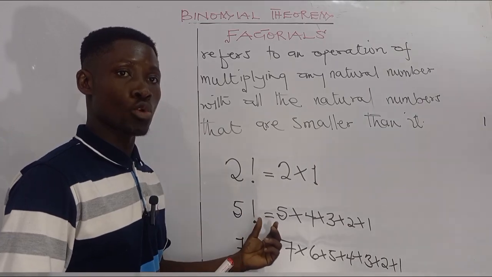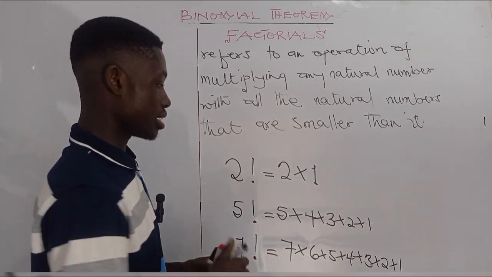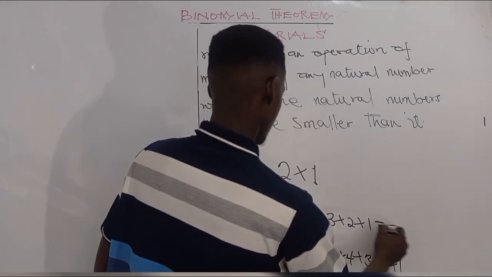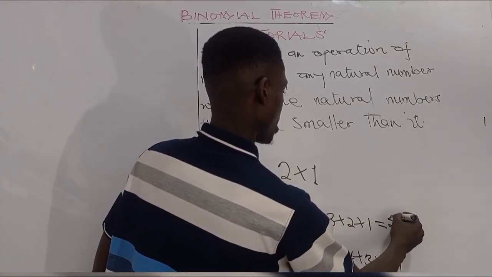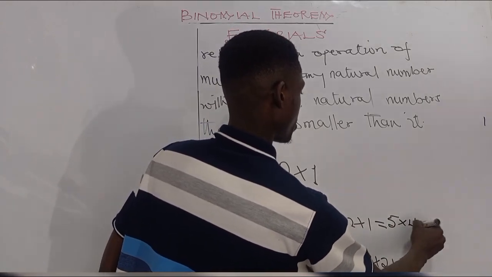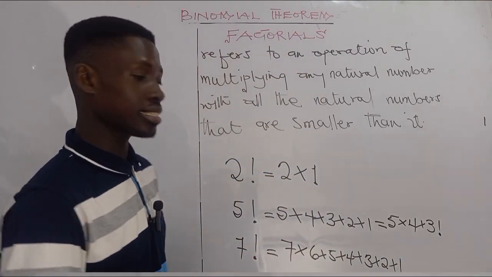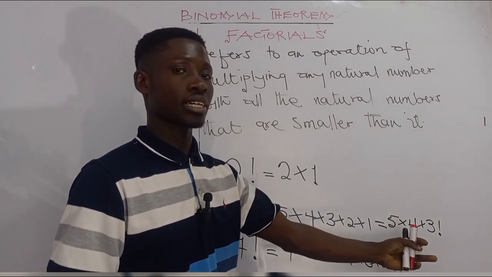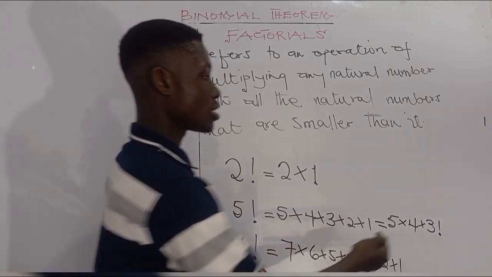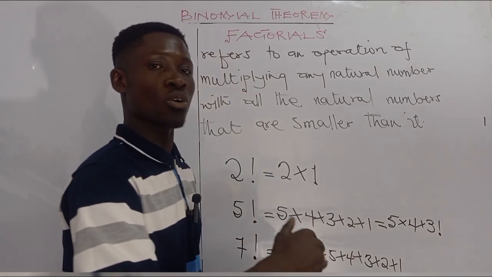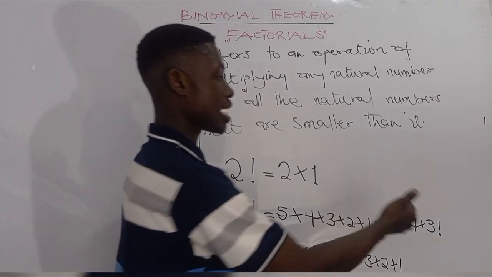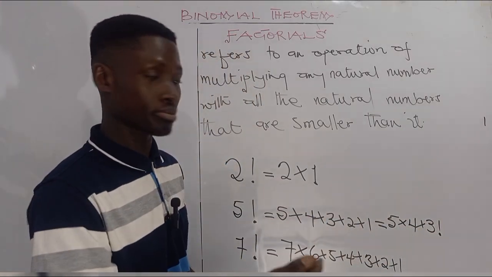The number 5 factorial can be shortened and written as 5 times 4 times 3 factorial. We can shorten this lengthy thing and write it as this because 3 factorial will cater for all those natural numbers that are lesser than 3.